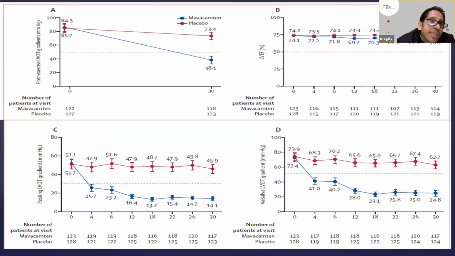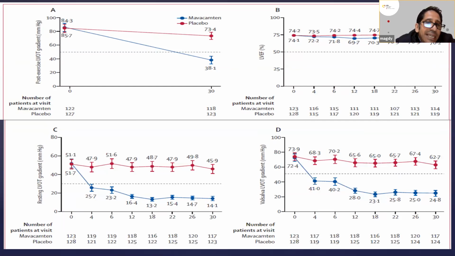So if you look at the post-exercise LVOT gradient, compared with placebo, starting from a gradient of 84 or 50 millimeters of mercury, the gradient with mavacamten was significantly lower compared with placebo, 38 compared with 73.